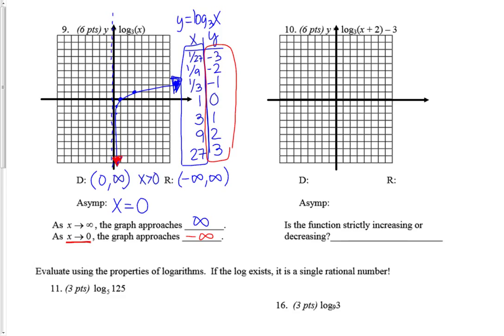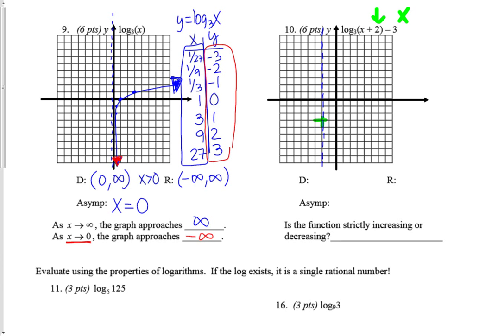Number 10, we have a transformation. In this one, I have a +2 on the inside, which is going to move me 2 to the left. I have a -3 on the outside, which is going to move me down 3. So if I go 2 to the left and down 3, this is my anchor point for my new graph. So I'm going to pretend that's my origin there, and in a log graph through the origin, I have my asymptote.